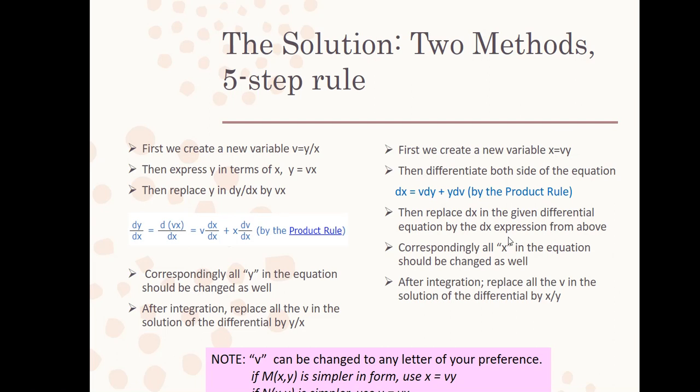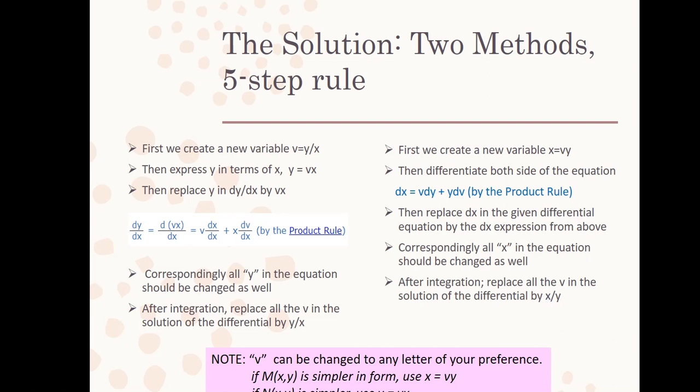So, in your original DE, you will change the differential of x to this, and you will change all your x to vy. After you're done with integration, and you see v's in your final answer, change that v to x over y. That's how we solve homogeneous differential equations.